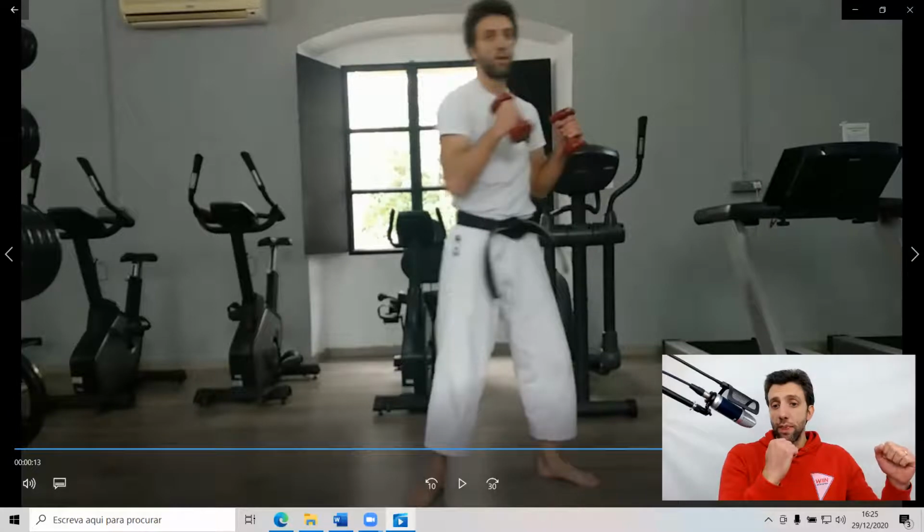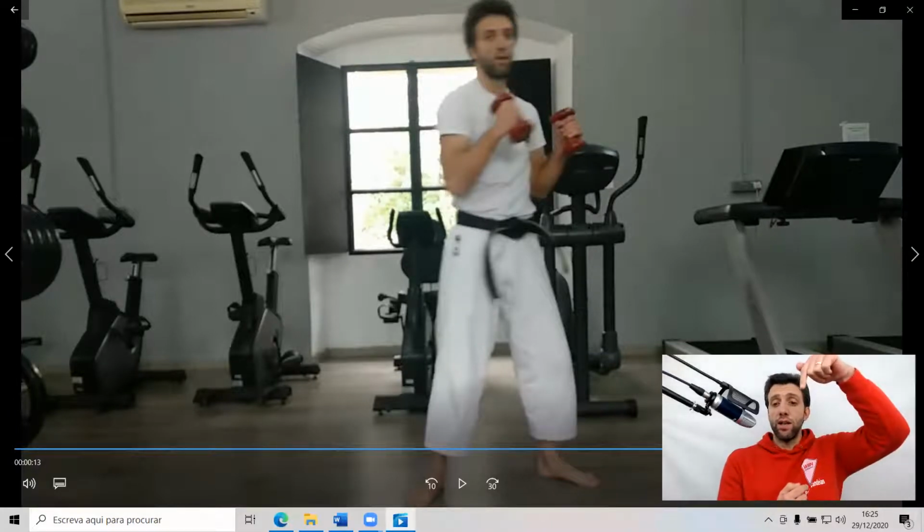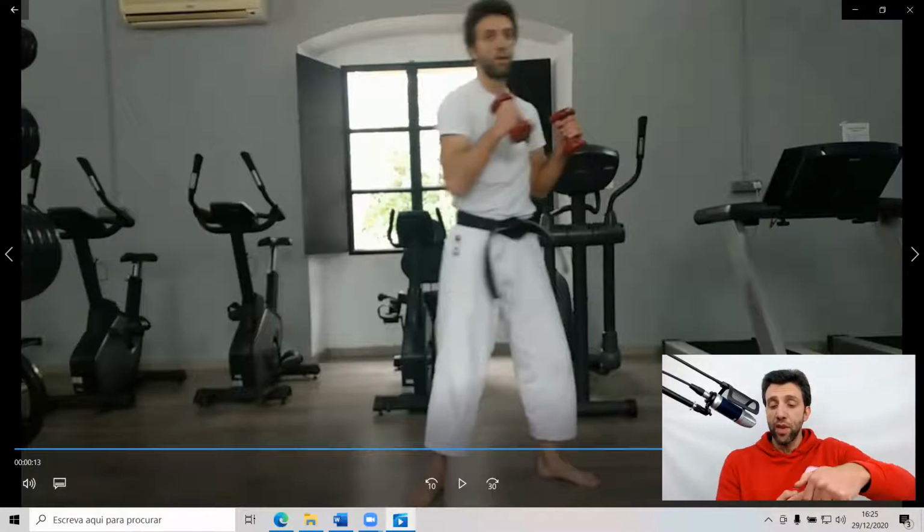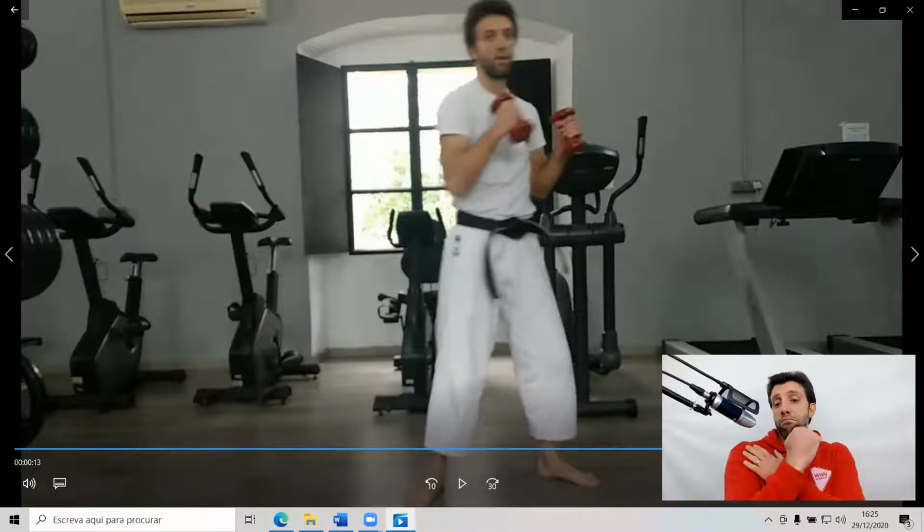The resistance of the dumbbell is in this way, and I want to keep my arms here, and that's a good decision. But if the goal is to improve my punch, this is not a good way of doing it.